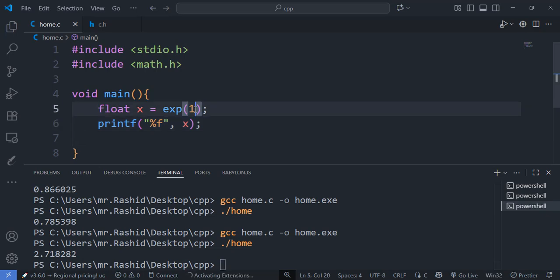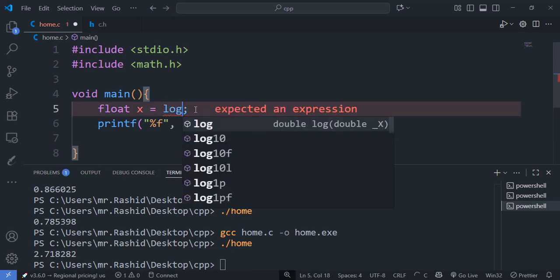We can also use log. This one is the natural logarithm.